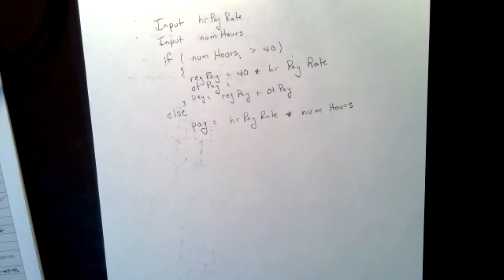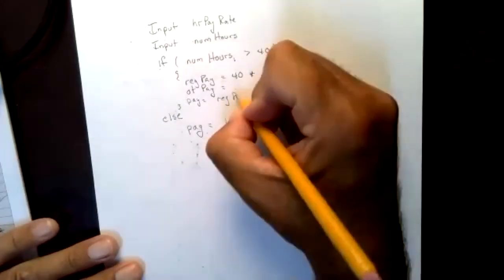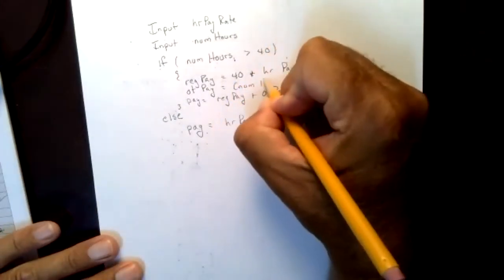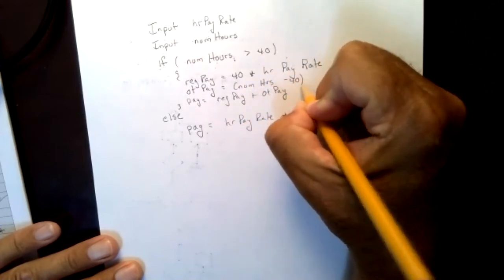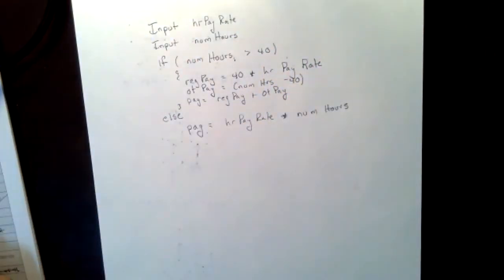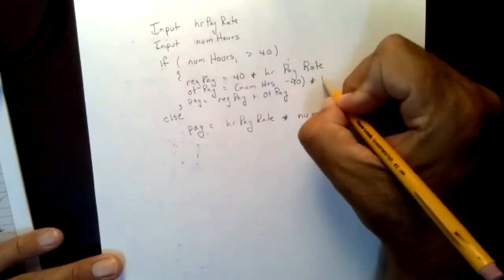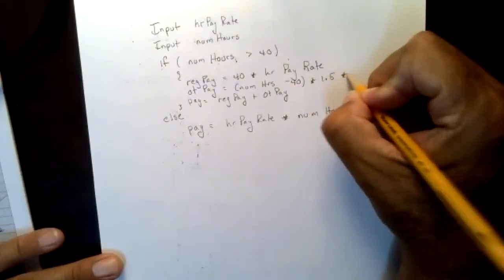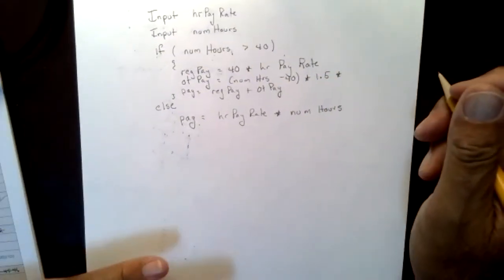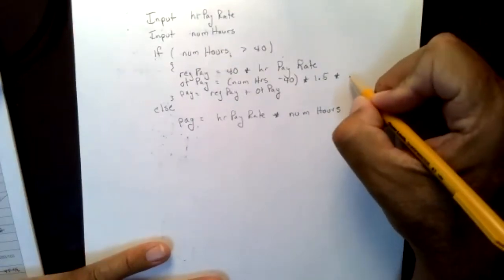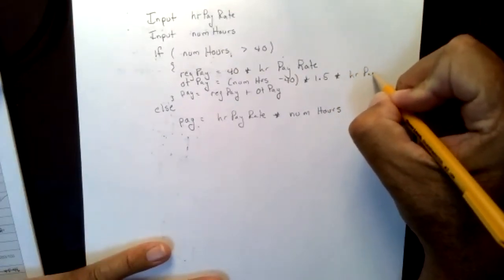Now, how do I figure out overtime pay? Well, if I worked 45 hours, how many hours are overtime? 5. How'd you get that 5? Subtract the 40 from 45. Right. So I'm going to take num hours and subtract 40. And then what am I going to do with those hours? Multiply them by 1.5. Multiply it by 1.5 and multiply it by the hour pay rate.